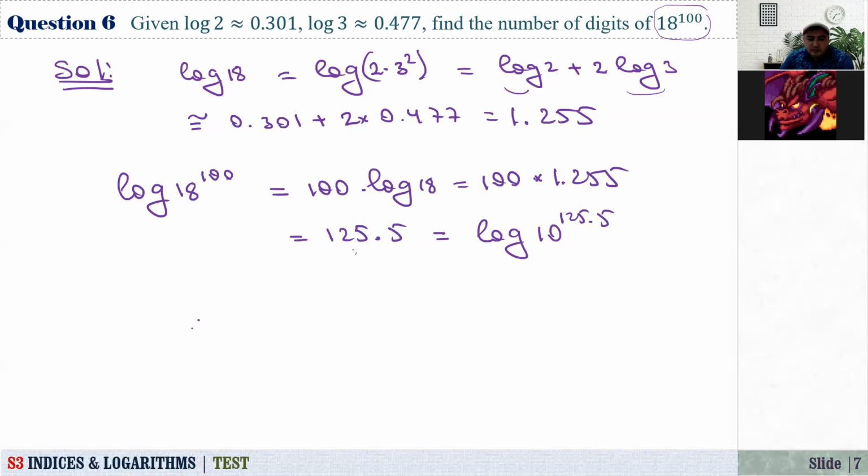Which means that 18 to the power of 100 is greater than 10 to the power of 125 and less than 10 to the power of 126. So it is a 126-digit number.